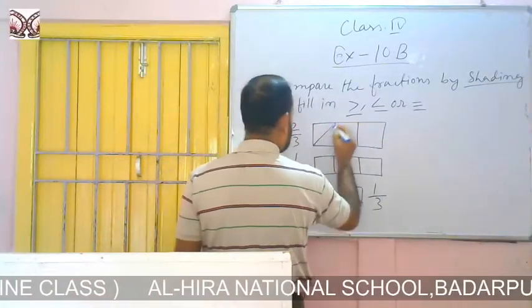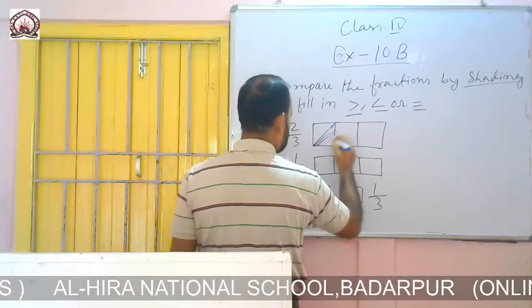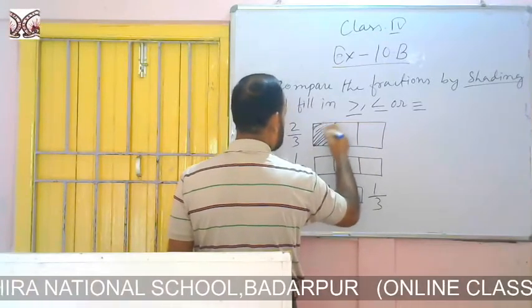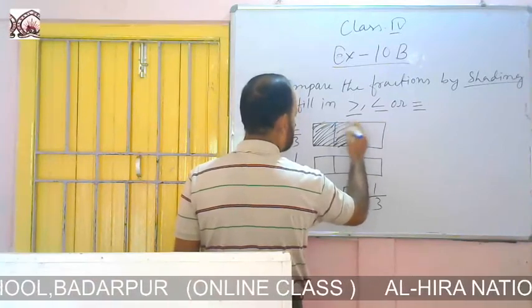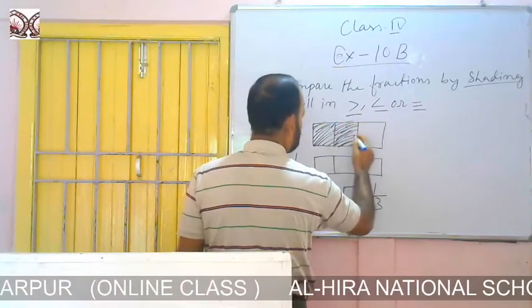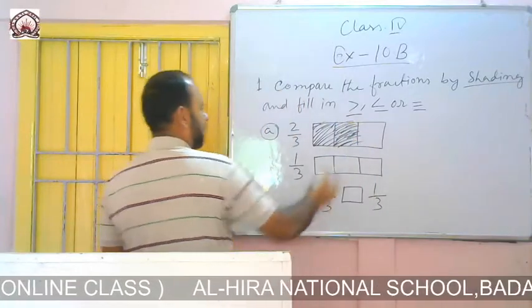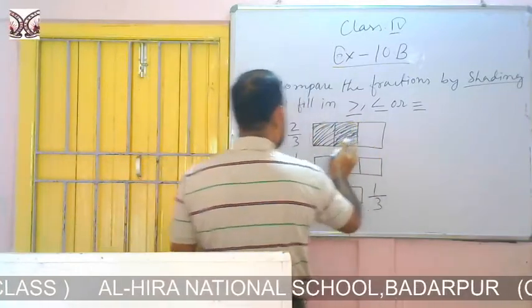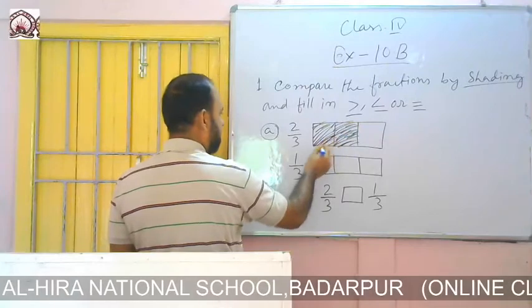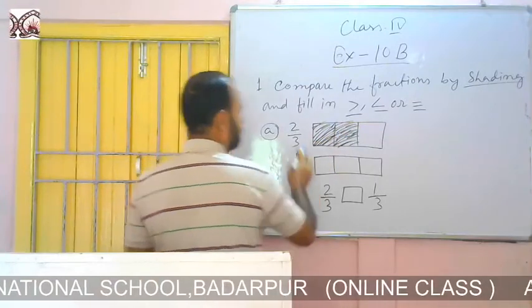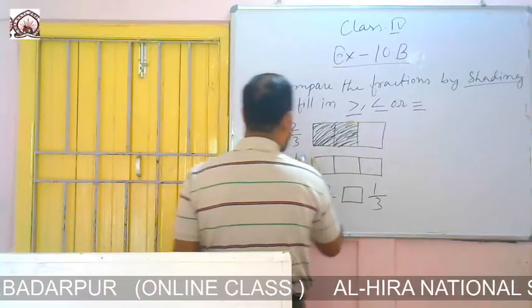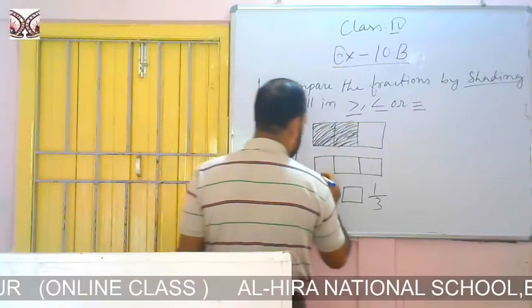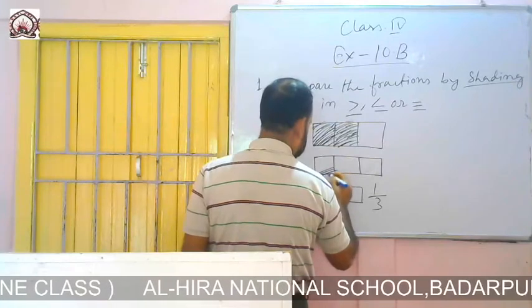First we shade 2/3. So here 1, 2. So out of 3 parts we colored or shaded 2 parts, and here 1/3, that means 1 part we color or shade.